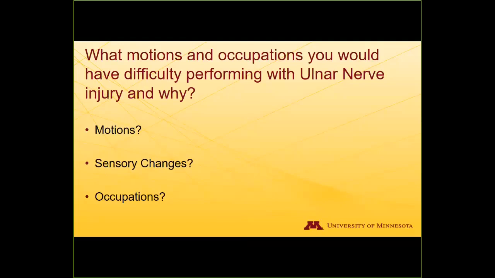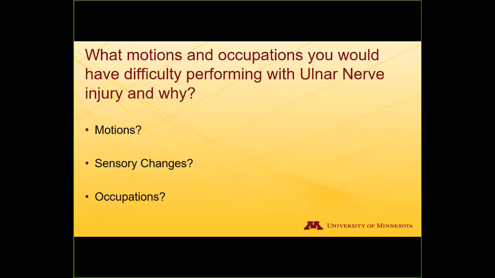Also, further distally, we would have problems with all the hypothenar muscles of our hands, which abduct the pinky, abductor digiti minimi, flex the MP joint of the pinky, flexor digiti minimi, and oppose the pinky to the thumb, opponens digiti minimi.